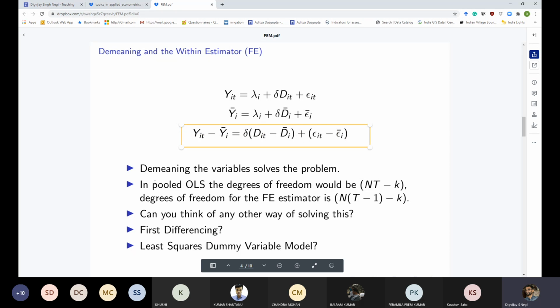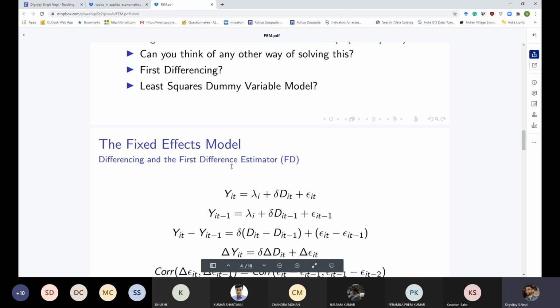So there is no difference. They will give you the exact same results, whether you have dummy variables explicitly in your regression or you do this kind of transformation. They are exactly the same, so it does not matter. When we go to Stata in a while, I'll show you how these two things are the same. So LSDV, or the least squares dummy variable model, is another way of solving this problem or removing this lambda. Okay.